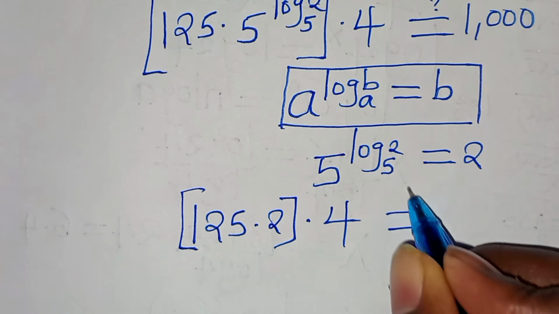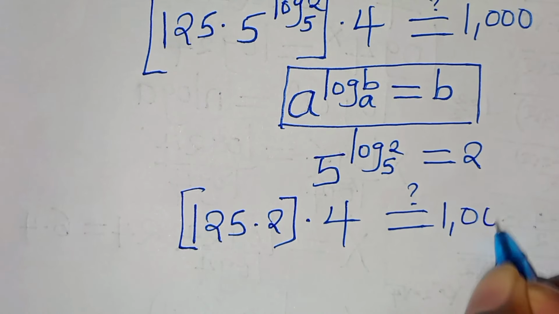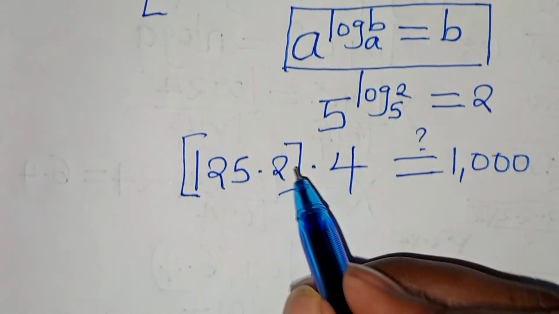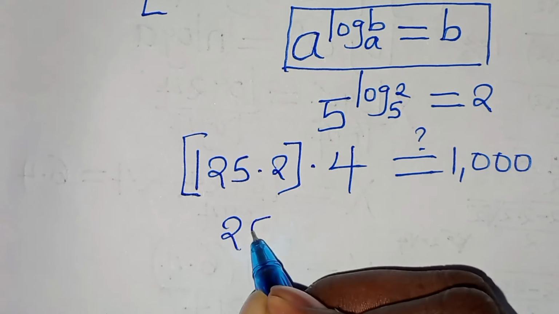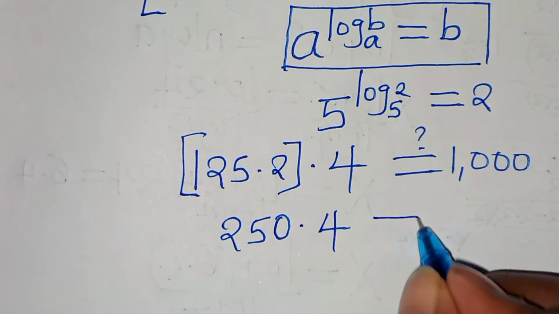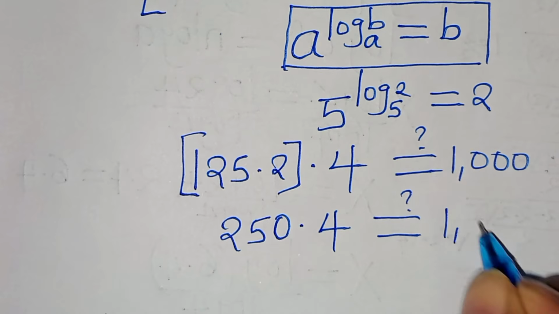This is supposed to give us a value of 1000. So 125 times 2 is equal to 250. Then multiplying by 4, this should give us a value of 1000.